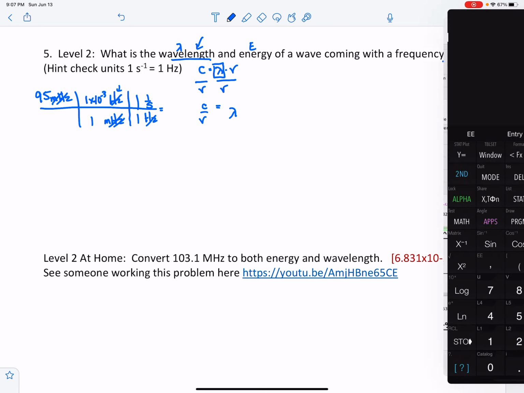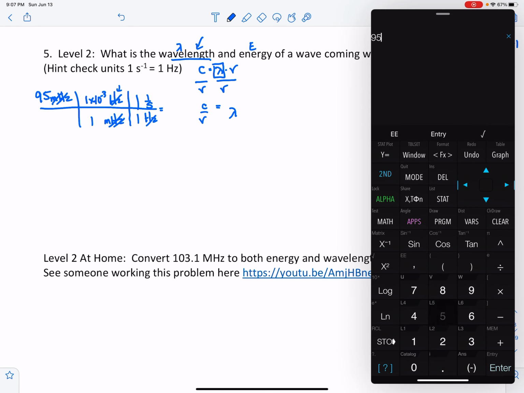So my number I'm going to be plugging in is 95 times 1 e to the -3. So that gives me that my frequency that I'm going to be plugging in is 0.095, and it's seconds to the -1 or 1 over seconds, however you want to keep that. So that's what I'm plugging in there.